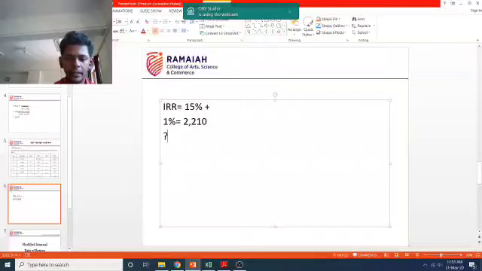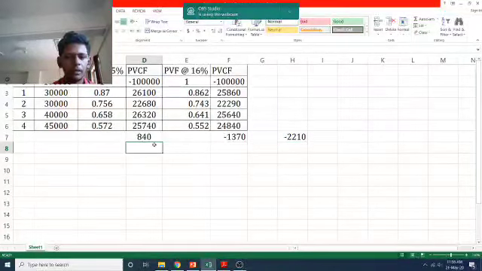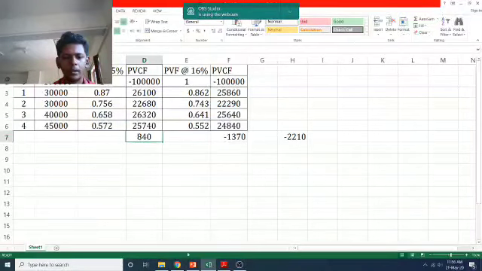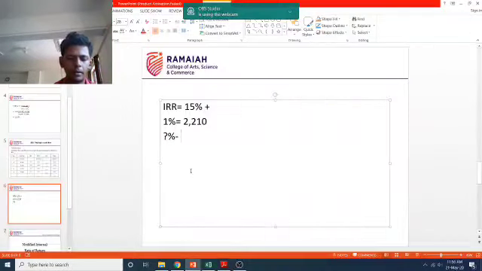How much percentage should we add to 15% so that the 840 is nullified?